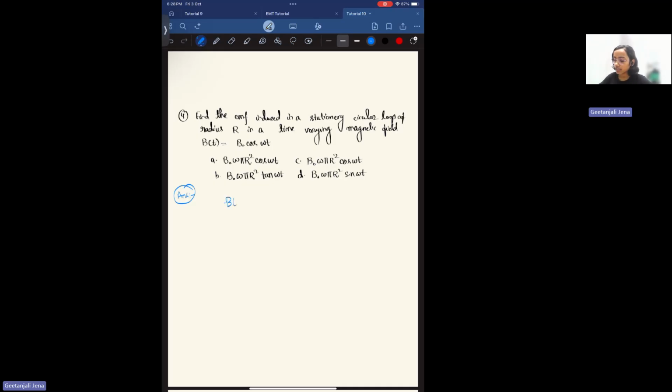It is given B(t) is B0 cos omega t, and it is changing with time because it is a cos function. Then find the induced EMF in the circular loop. Calculate it.